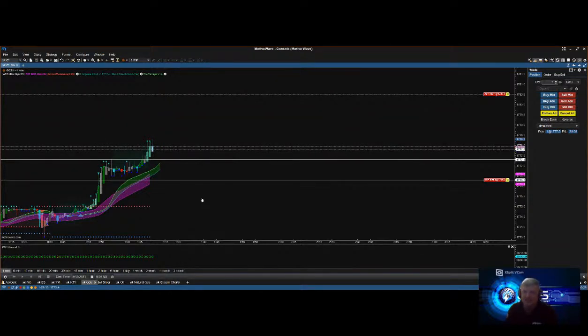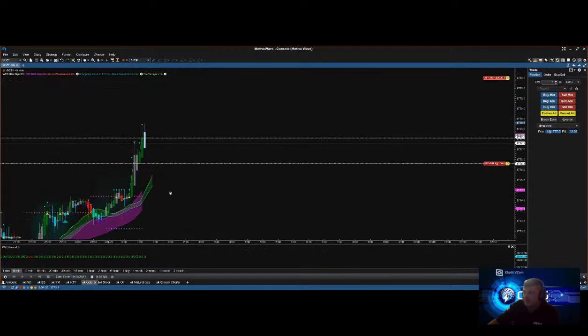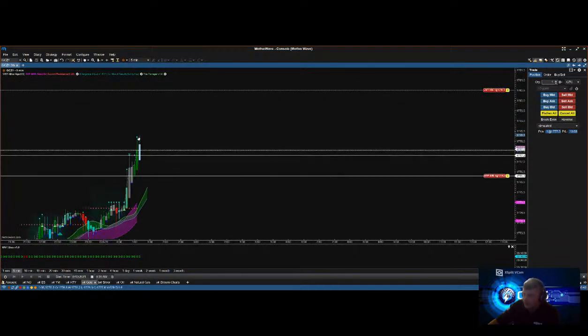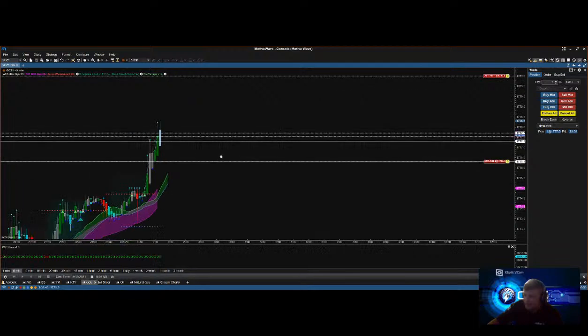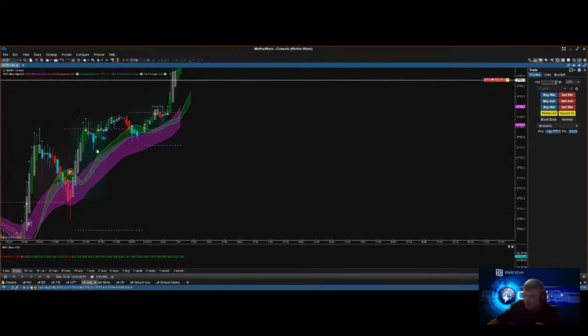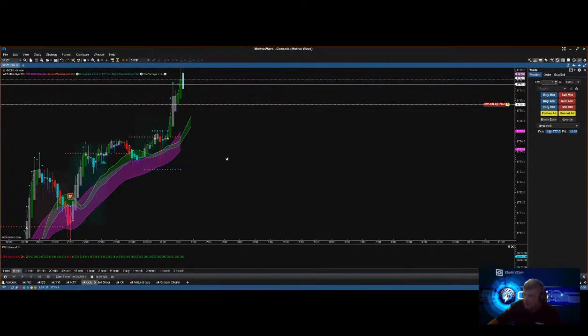There's green, higher than average volume, good start. Yes, indeed. Let's go back to the 5 minute and show you all that real quick. Right here, higher than average volume on this candle. Smooth break. Pow. That's definitely a good sign. And here's the main entry for the divergence cloud.